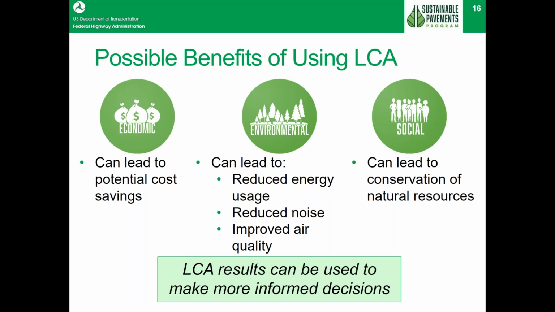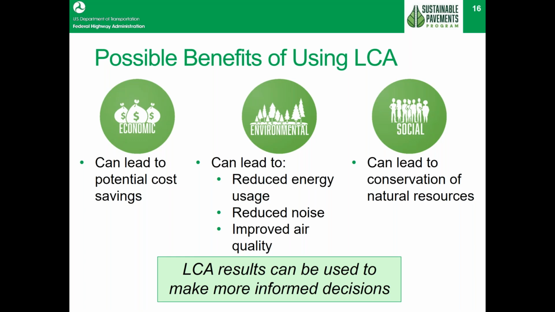And then the social aspect can lead to conservation of natural resources. There is a unique opportunity to improve the sustainability of pavement structures with the potential to deliver tremendous environmental, social, and economic impacts, which, as mentioned in one of the earliest webinars in the series, is considered the triple bottom line.